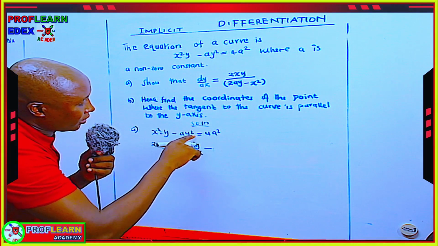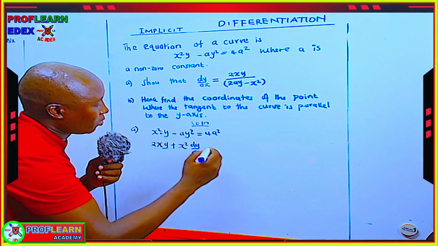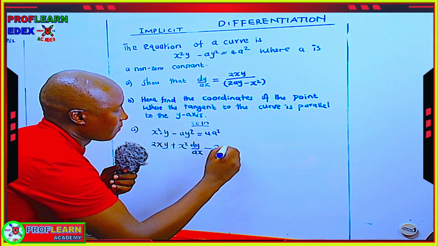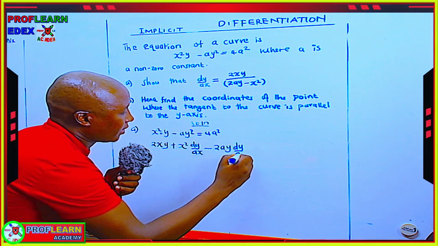Of course, differentiating the term minus a y squared, the power 2 comes down, so it will be minus 2ay.